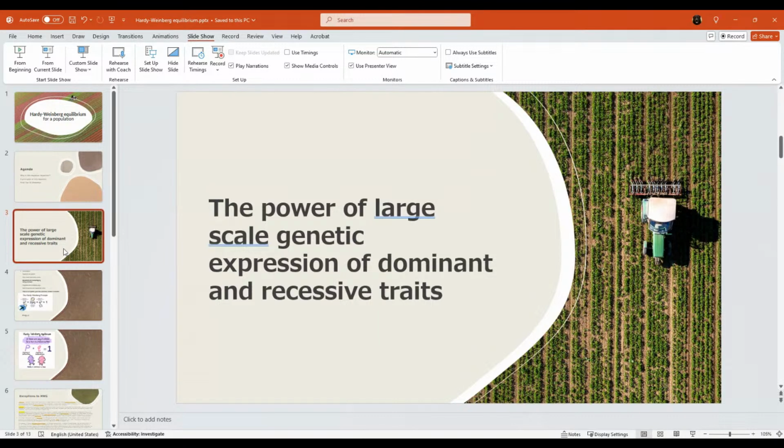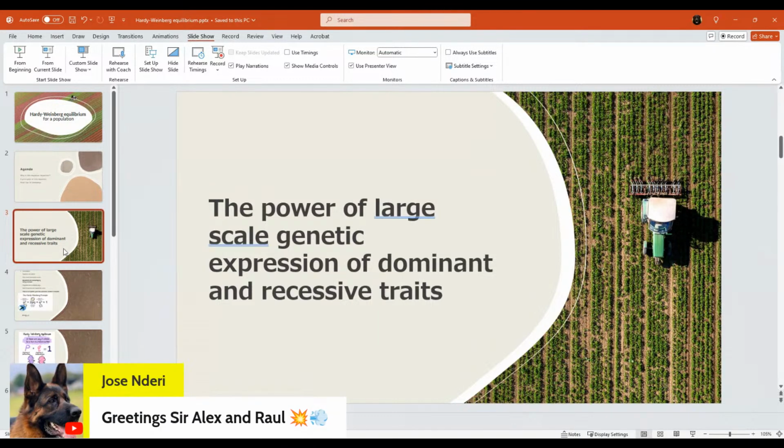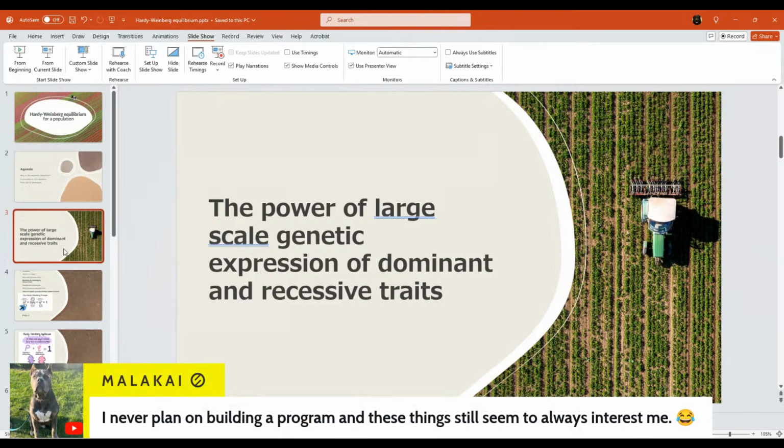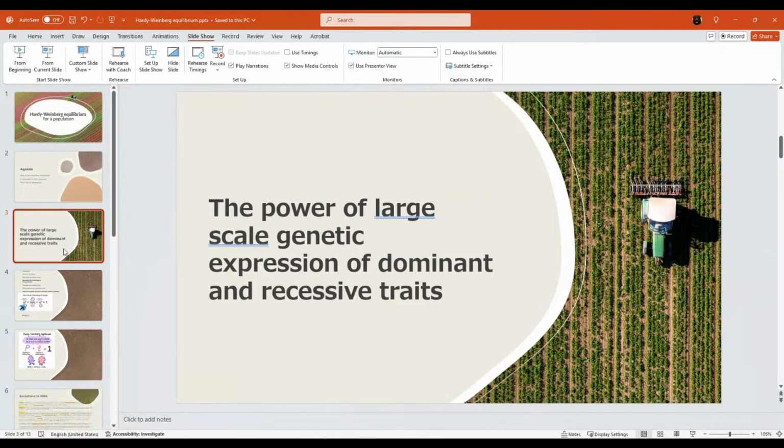This is an equation for the breed as a whole, not for your specific kennel. You cannot do this with even 30 or 40 individuals. This assumes thousands. Actually, it assumes an infinite number of individuals, but you have to have over 1,000 for this equation to even work. So if you think this will apply to your yard, the answer is you can't. This is not designed for small population sizes.